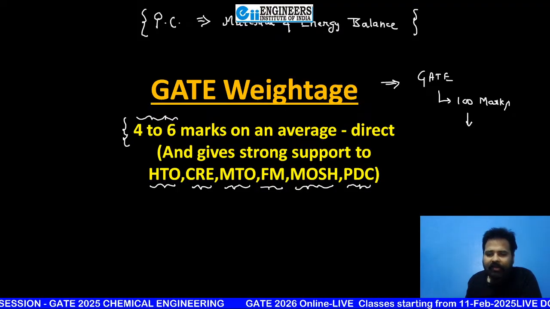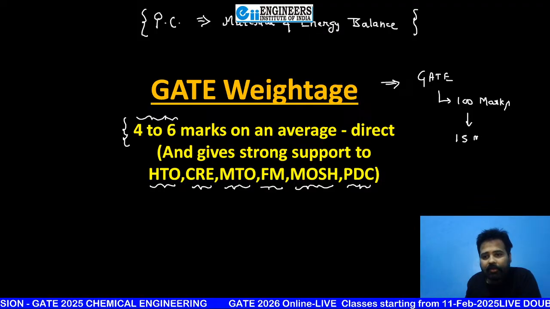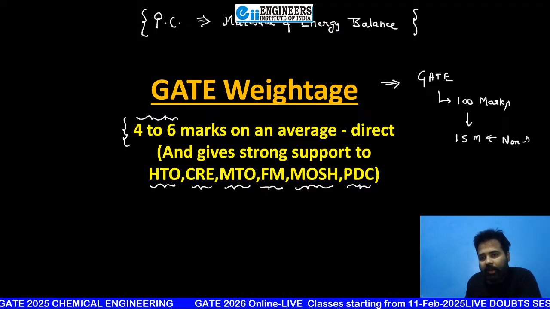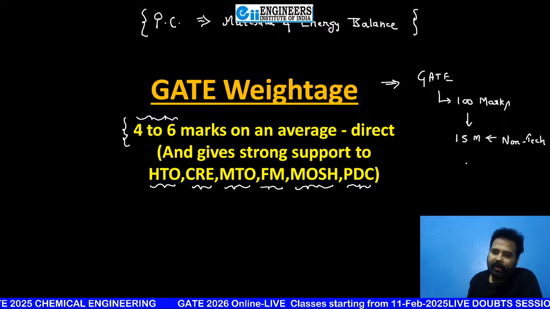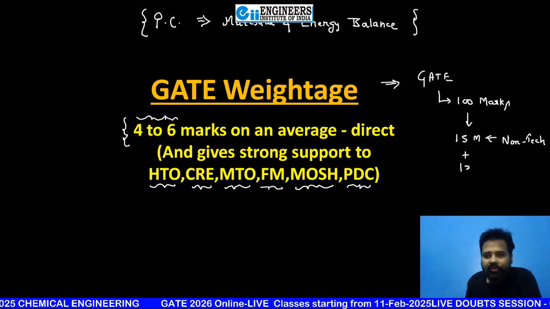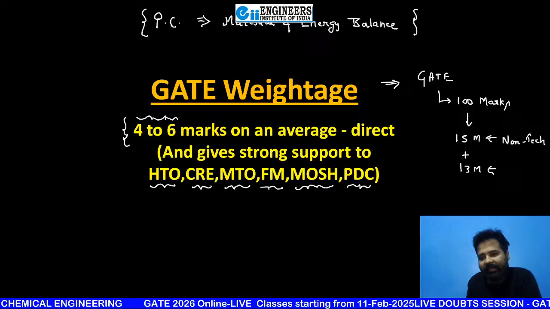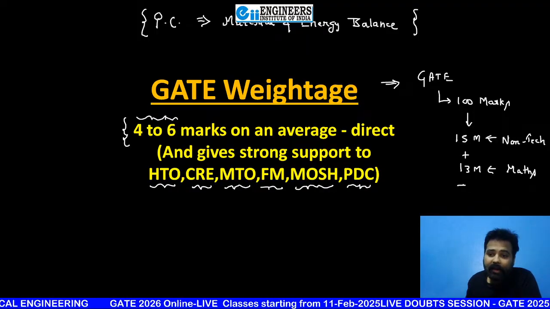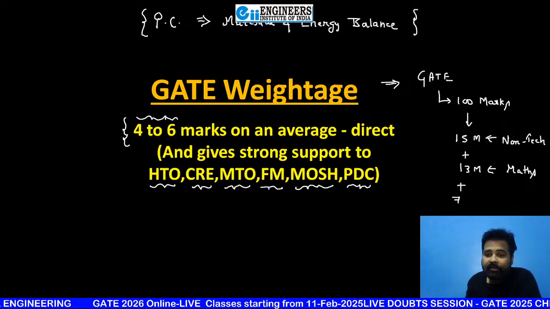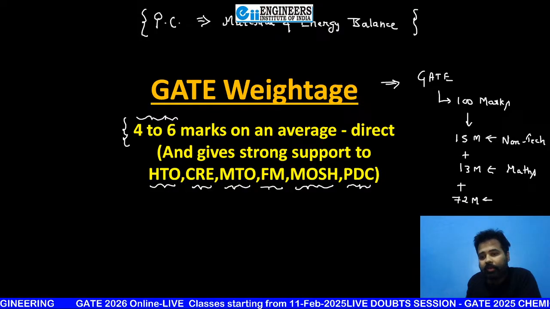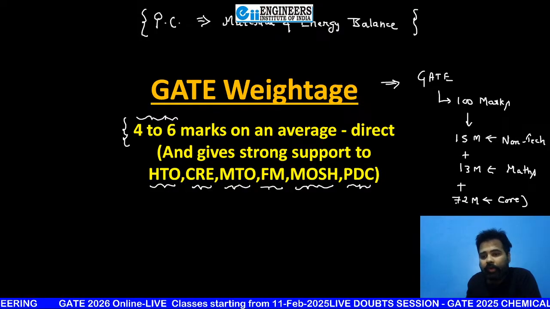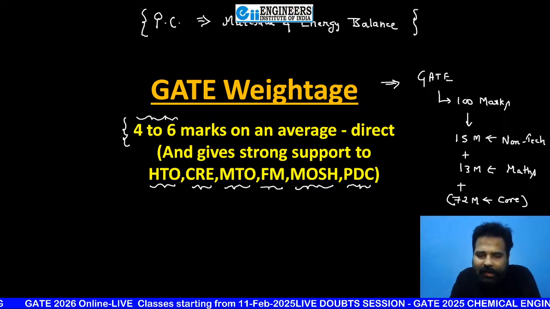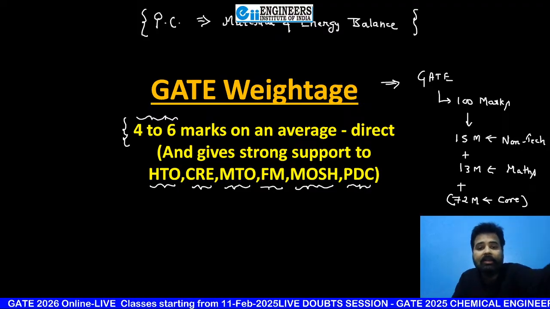Out of this 100 marks, 50 marks come from the non-technical section, excluding mathematics, plus on an average 13 marks from maths, and the remaining 72 marks are core, from core subjects like process calculation, heat transfer operation, CRE, mass transfer, etc.